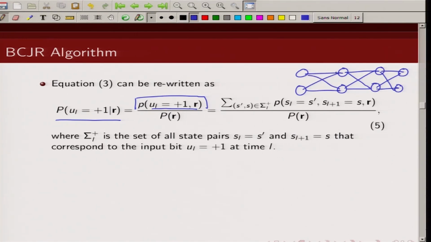We are interested in where UL is +1 and where it is -1. Let us say this is 0/00, this is 1/11, this is 1/10, this is 0/01. Let us look at one trellis section. We are interested in all those transitions which belong to UL = +1. In this example, this is one such transition and the other is this transition.